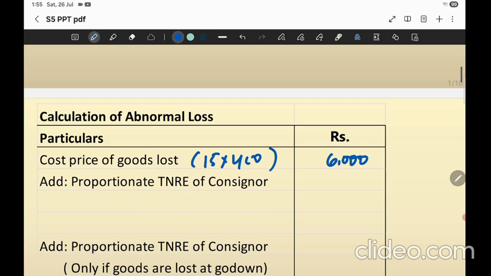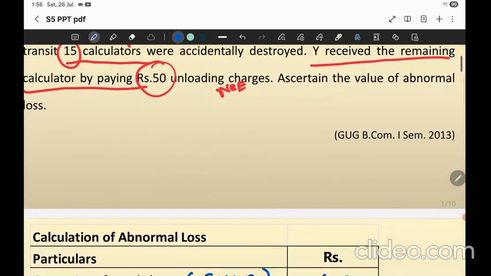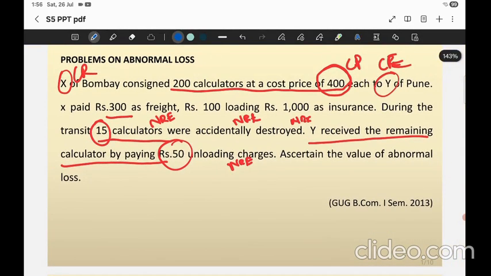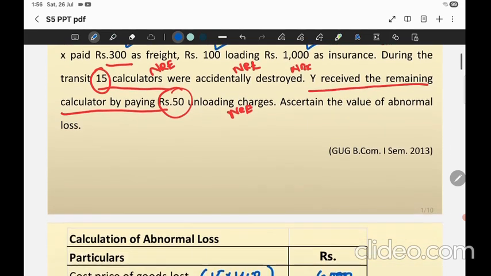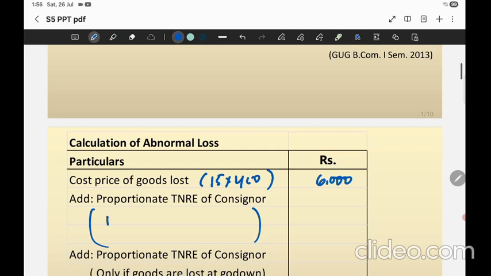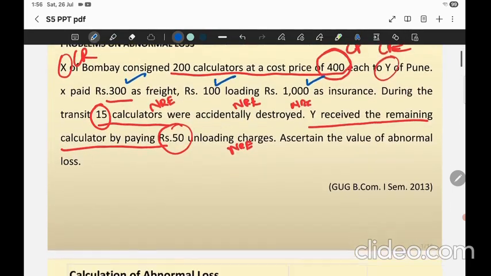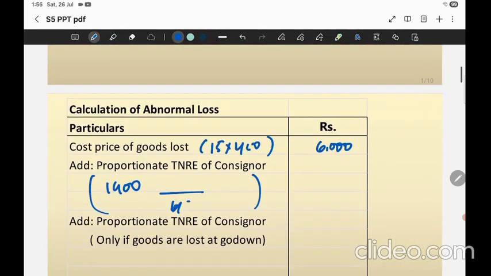Now add the proportionate total non-recurring expenses of the consignor. Let's see how much the consignor has spent: 300, 100, 1000. Total is 1400. And this 1400 was spent for how many units? 200 units.